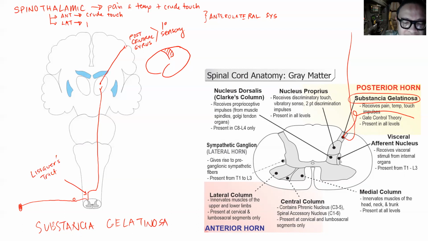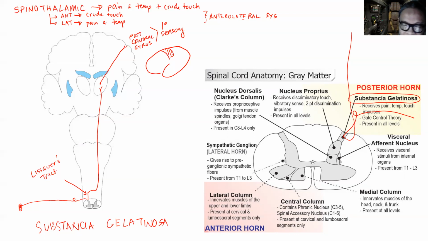And then your lateral is your pain and temperature. So if you're talking about the classic spinothalamic tract, it's your lateral. But, well, your crude touch is also very important. Okay, just take note, if somebody punches you in the face, that is not crude touch.